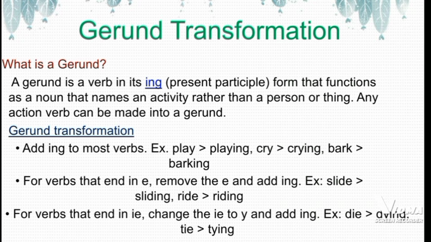Next, for verbs that end in e, remove the e and add ing. Example, slide. When we transform it to a gerund, we remove the e and add ing. It will turn into sliding. Just like ride, riding. And the next rule is for verbs that end in ie, change the ie to y and add ing.